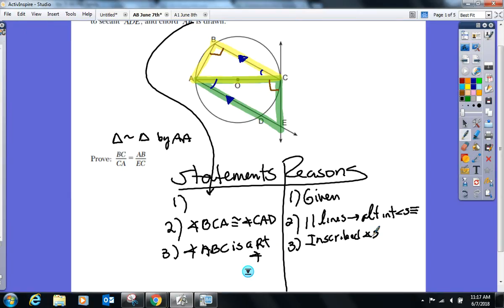Keep going, because I'm saying it's a right angle. So how do I know it's exactly 90 degrees? So inscribed angles drawn to, in this case, what type of arc is AC? I want to get specific here. How do you know that?